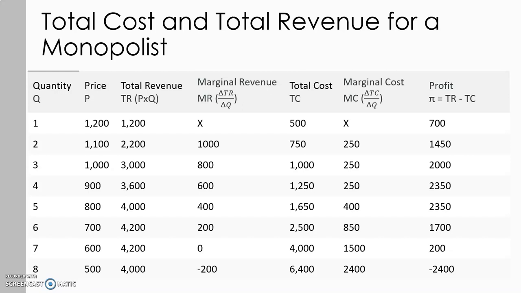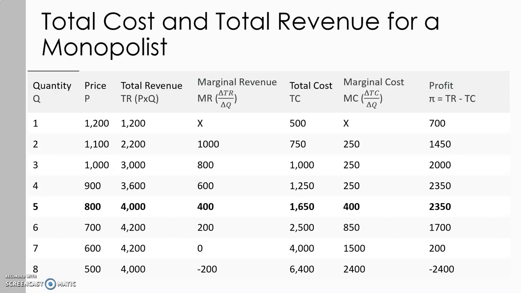Well, let's find the highest profit quantity. Okay, so we have 2350 when we produce 5 units. We also had 2350 when we produced 4 units, so we're not making any more economic profit. But keep in mind, an economic profit subtracts our opportunity costs.